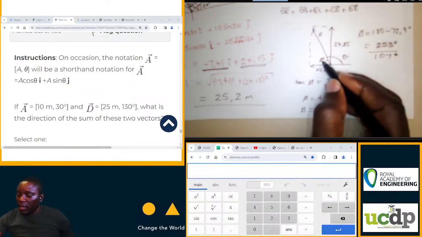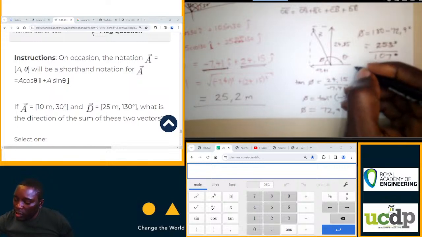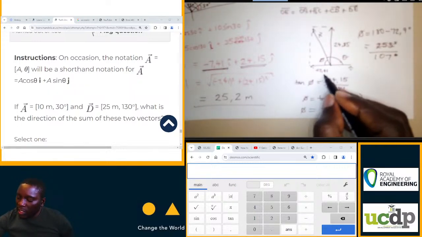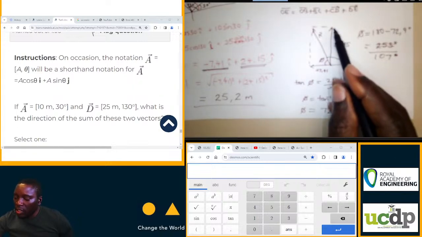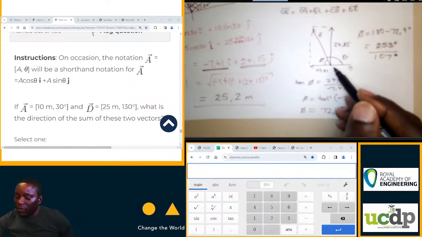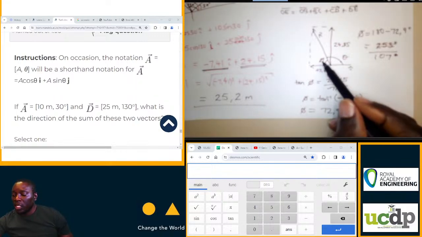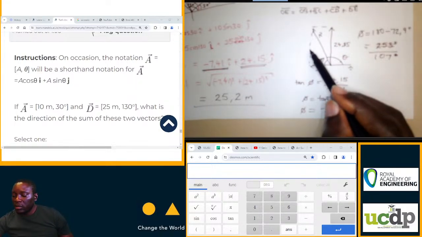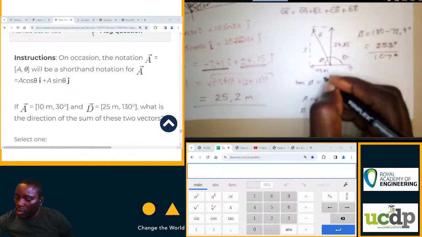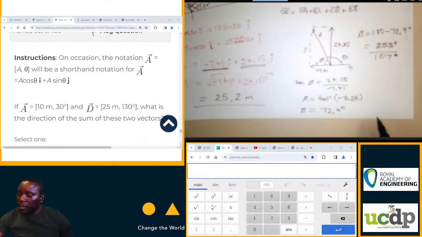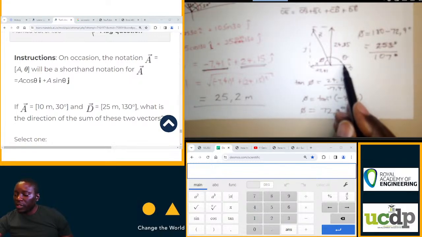So we find phi, which is the angle. Remember the i component is minus 7.41, so the vector is in the negative x direction. The j component is positive 24.15. The resultant is in between the two. So the angle phi is arctan of the y component over the x component, which gives us 72.9, but theta is 180 minus 72.9.